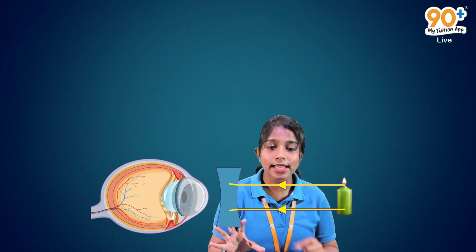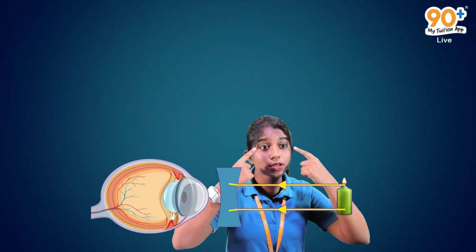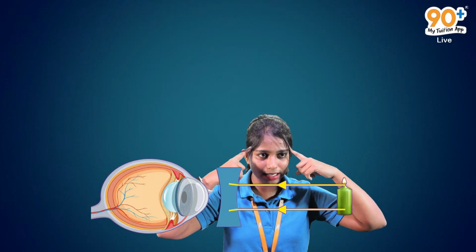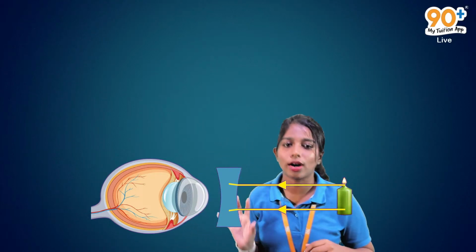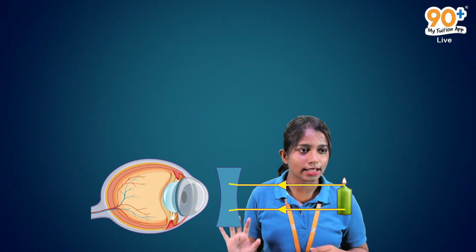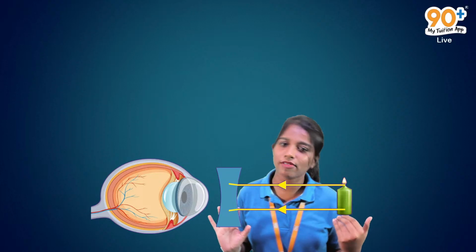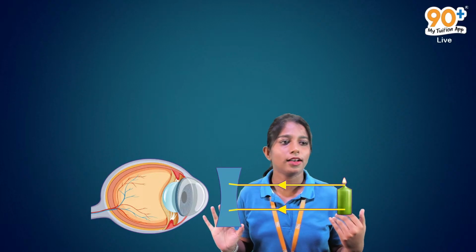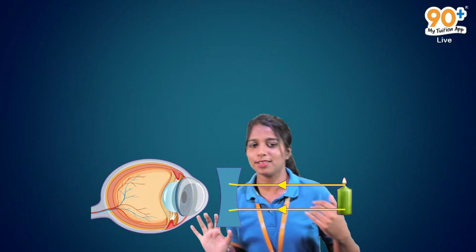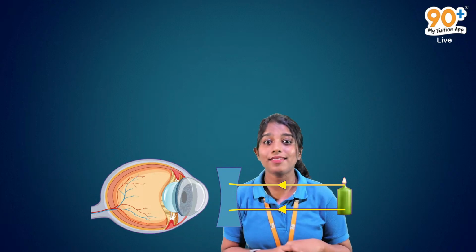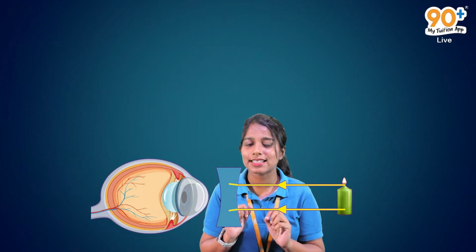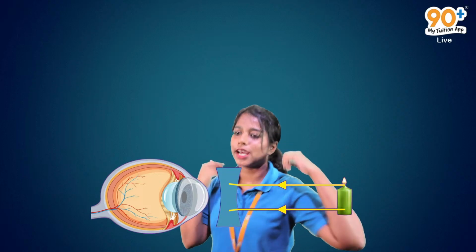So this lens we use as a spectacle. A spectacle is a concave lens. Just nod your head. Yes, okay. We use a concave lens. So in this case, light is coming and striking the concave lens.